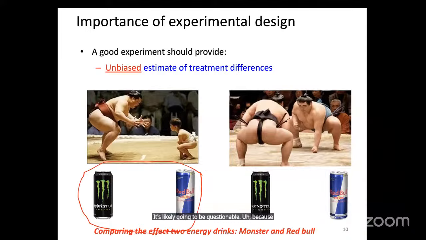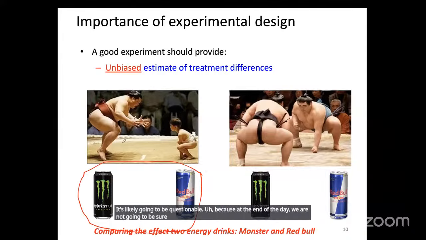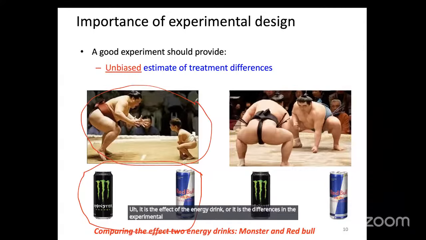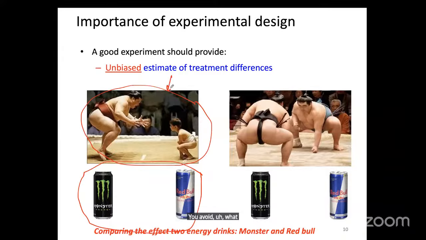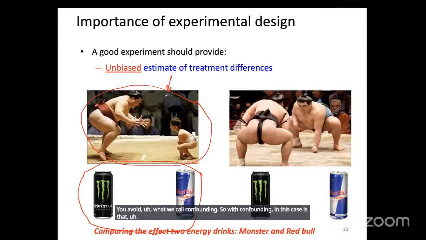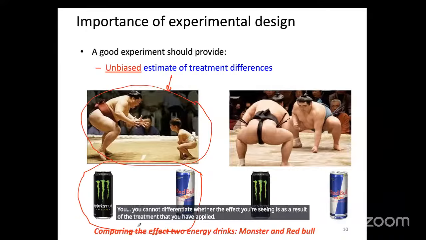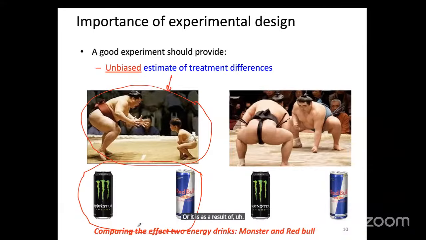Because at the end of the day, we are not going to be sure whether it is the effect of the energy drink or it is the differences in the experimental units. So we are going to see how we design an experiment in such a way that you avoid what we call confounding. With confounding, you cannot differentiate whether the effect you are seeing is a result of the treatment that you have applied or a result of the differences in the experimental material.